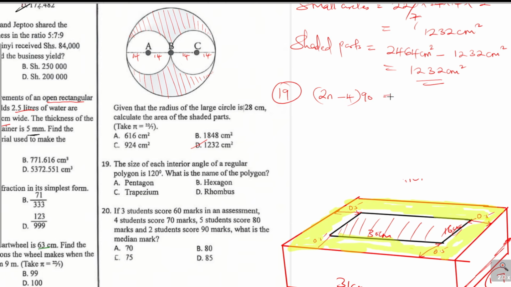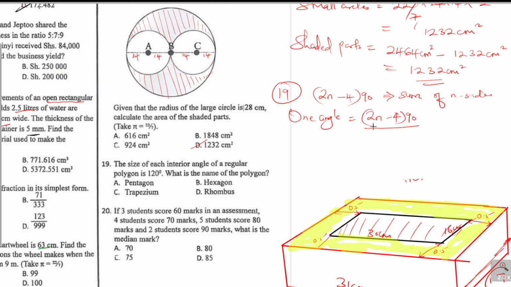This is the sum of interior angles of a regular polygon of n sides. So if I want to get one interior angle, I will simply take the sum of the interior angles, that is 2n minus 4 right angles, like that, and then I divide by the number of angles.